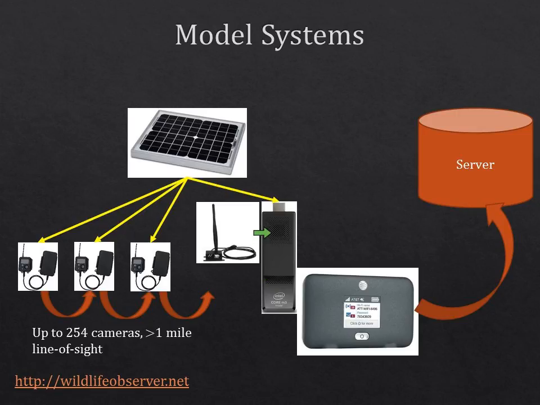This thing is about 3 to 4 inches long, about 1.5 inches wide, and very thin. So this is a very small device, and it means that you can hide it and secure it much more easily. The power use is also much lower, which means your solar panel and battery requirements are low, and heat generation is very low. All of those capacities make this a very nice, compact system.